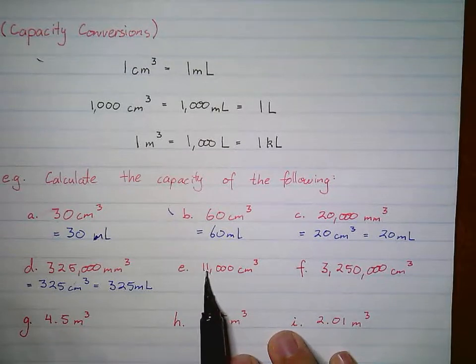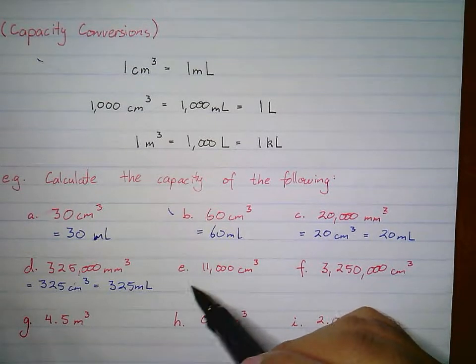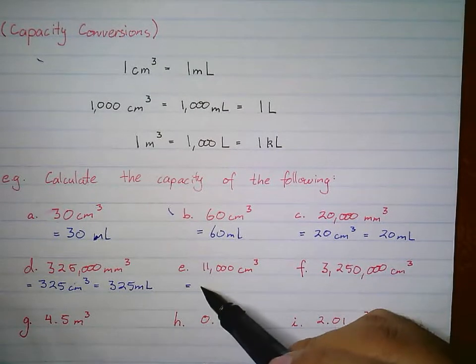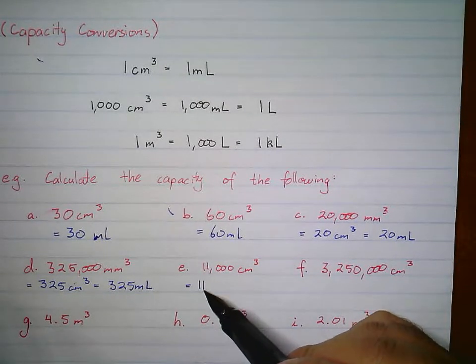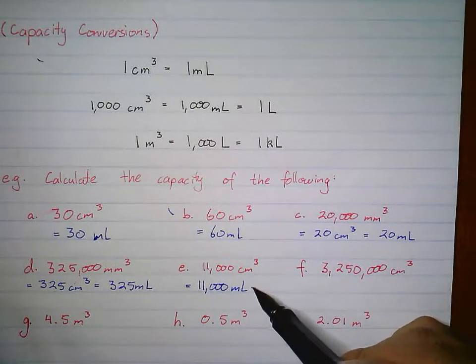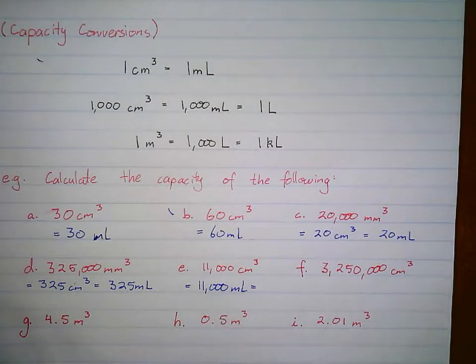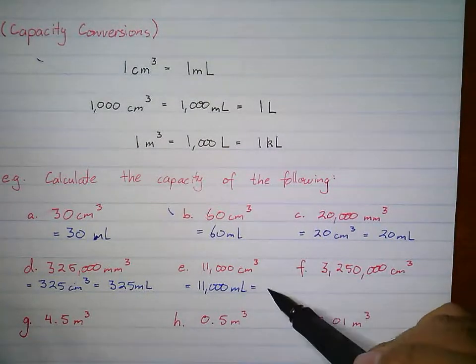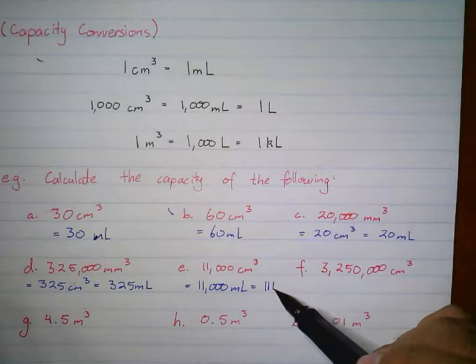Once again, we have centimeter cubed. We can easily convert this straight into milliliters, which gives us 11,000 milliliters, which, since we know that every 1,000 is 1 liter, this gives us 11 liters.